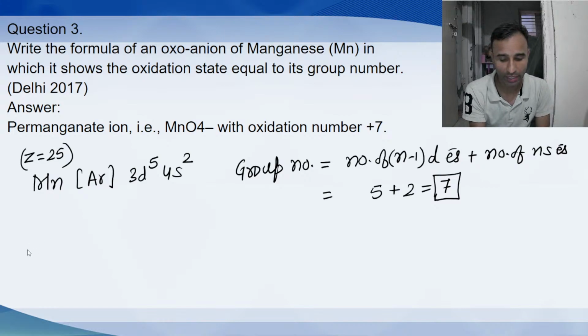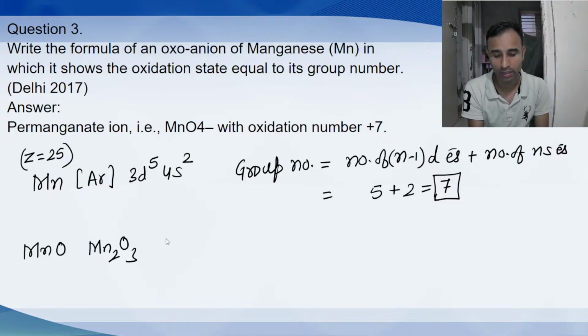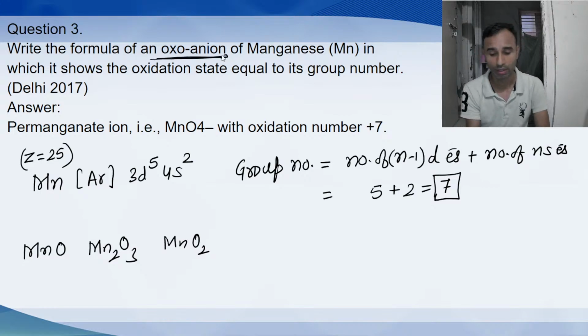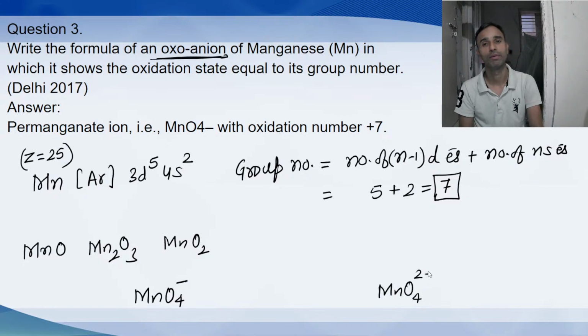So manganese can form MnO, Mn2O3, MnO2. Okay, but it is oxoanion. So it can form MnO4 negative as well as MnO4 2 negative.